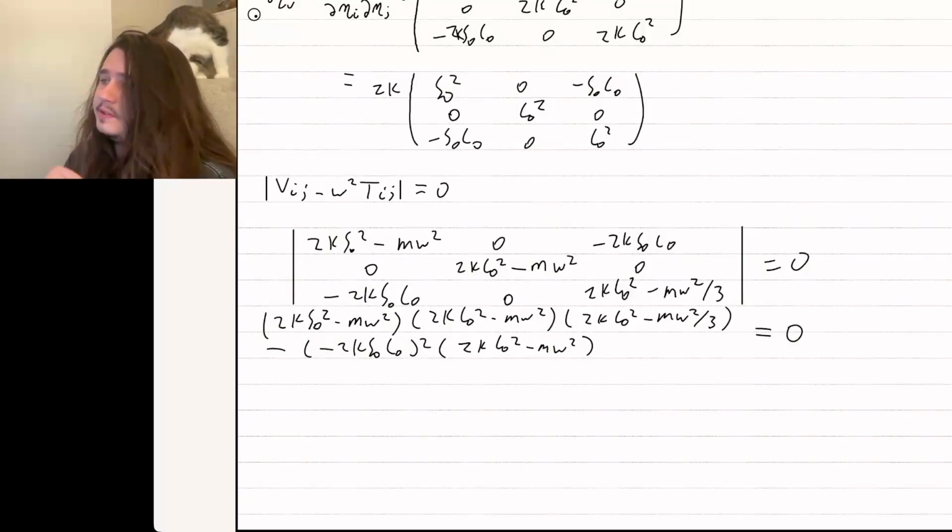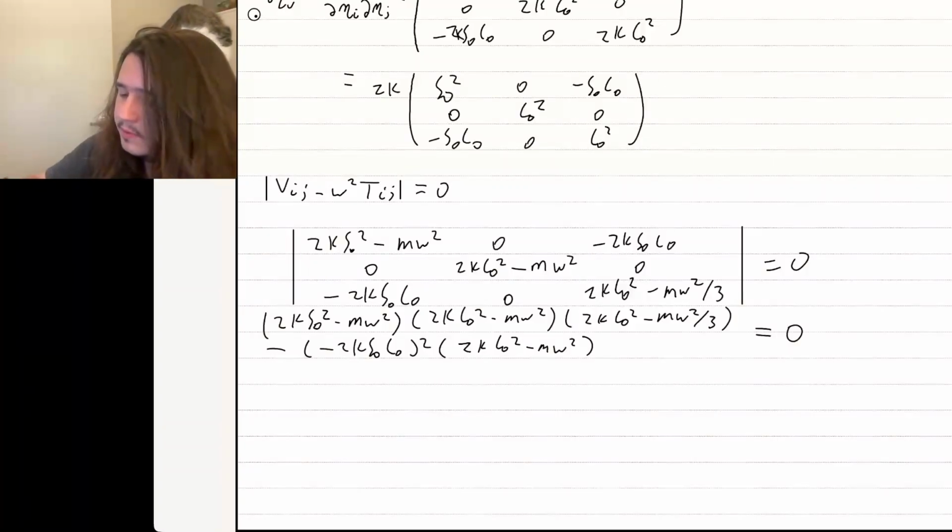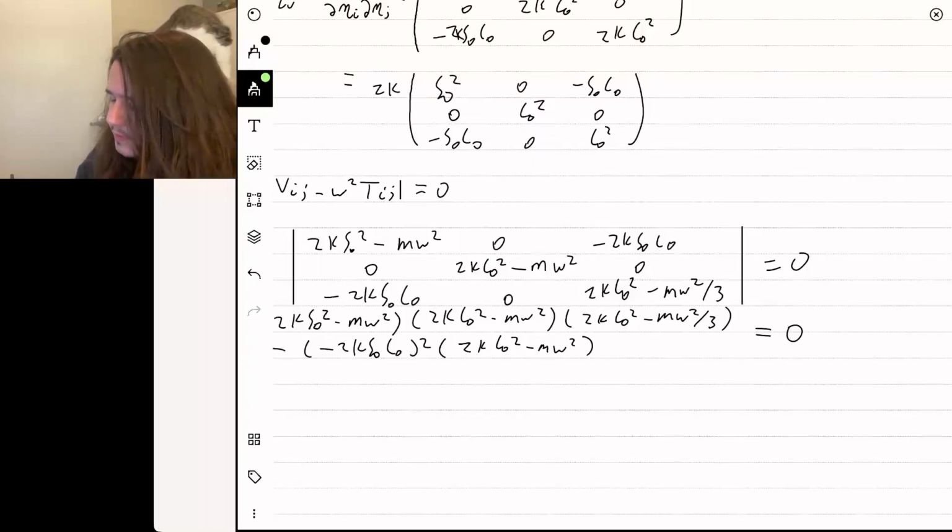I direct your attention to the fact that both of these terms here have this guy attached to it, the 2k c naught squared minus omega squared term.